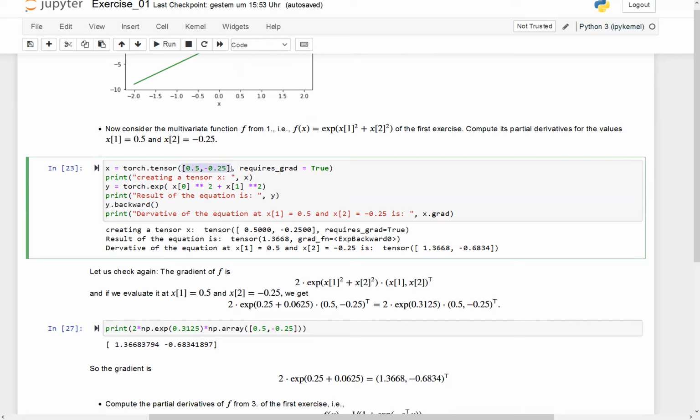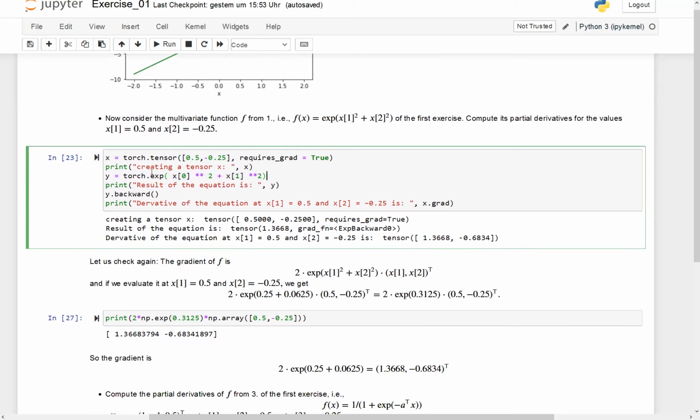It's very straightforward. Instead of a single value, we plug in a list with the values where we want to evaluate it, at 0.5 and minus 0.25. And we again create another torch object with the function we want.